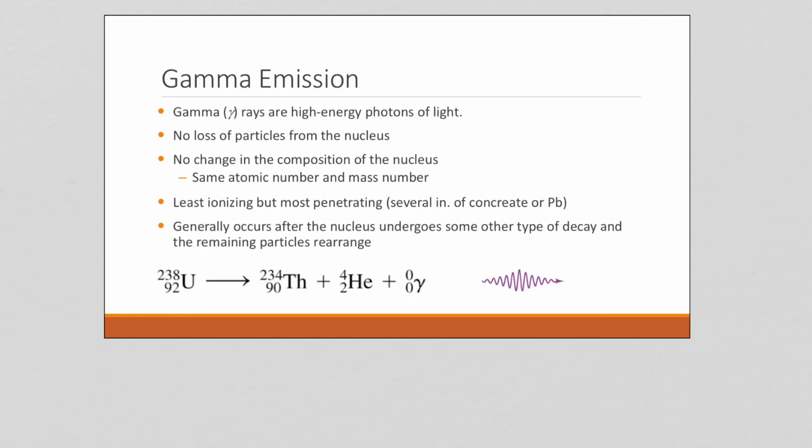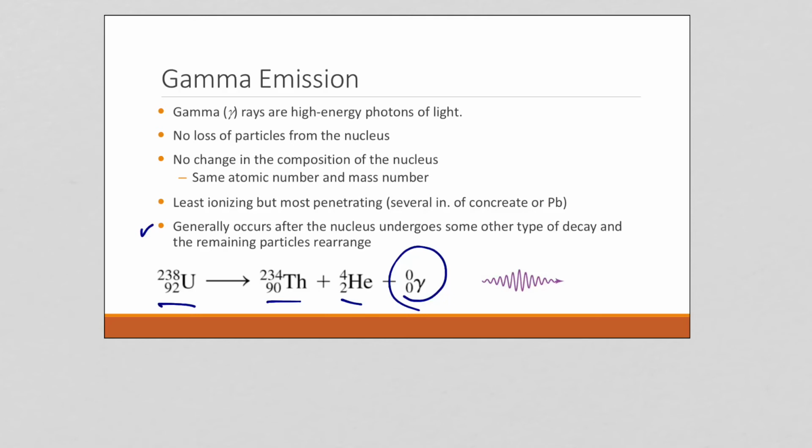Now, gamma typically occurs alongside some other particle decay, such as alpha or beta decay. So if we look, for example, at that decay of uranium-238, we saw earlier that it generated a thorium-234 nuclide and an alpha particle, and it also emits gamma rays.